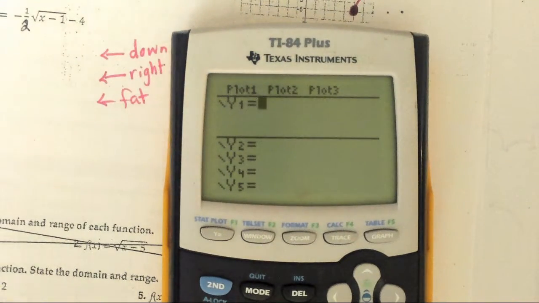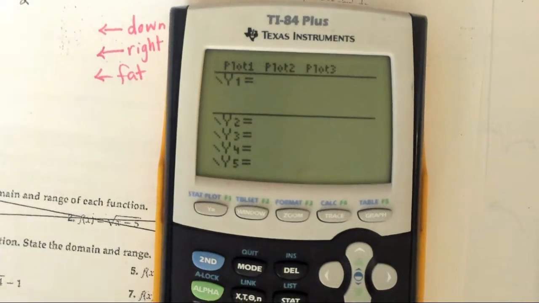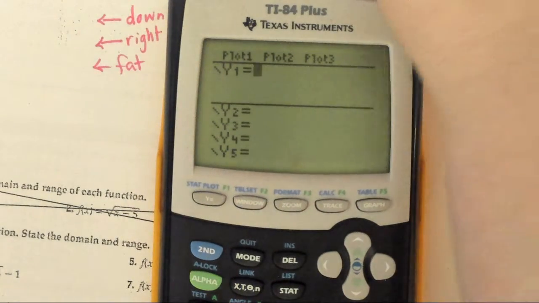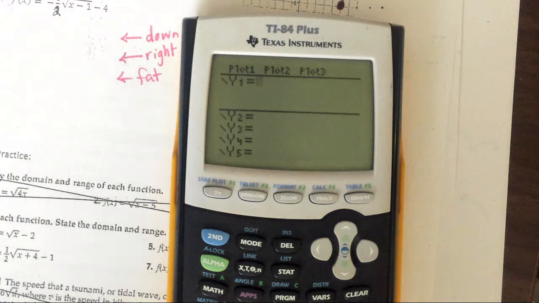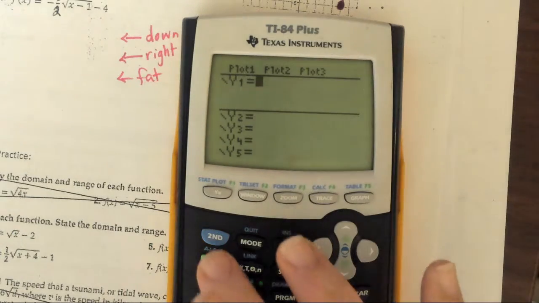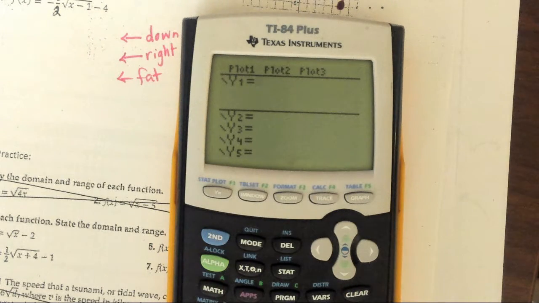Justice has forgotten how to put a fraction in his calculator. How can we help him? How can we put this fraction in our calculator? Alpha what? That's what I do.